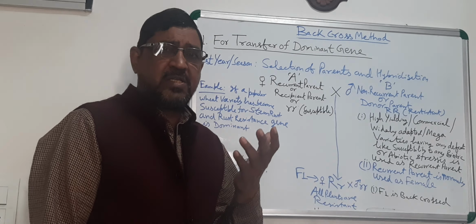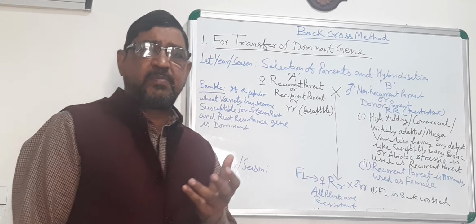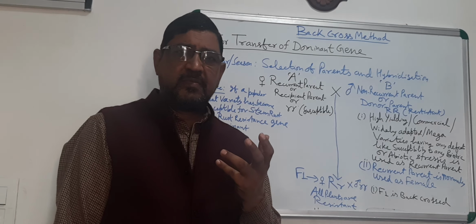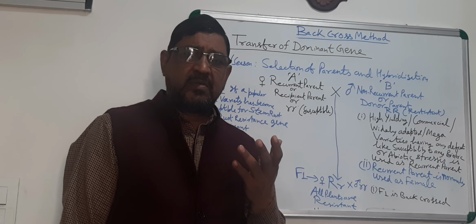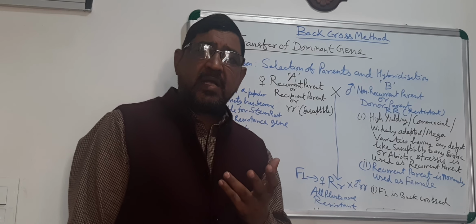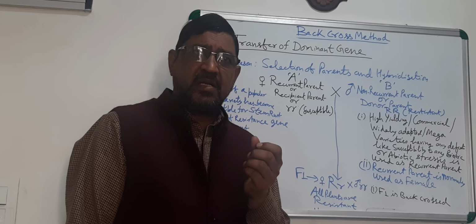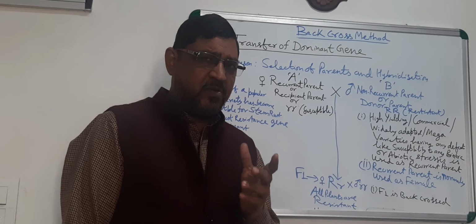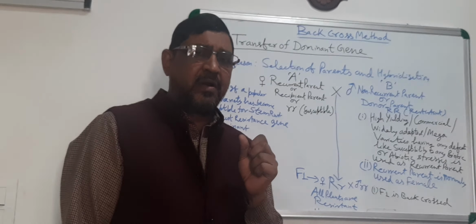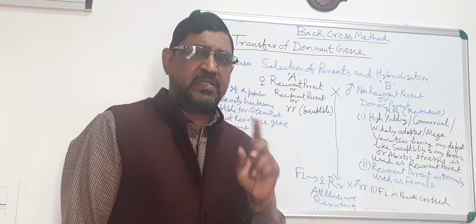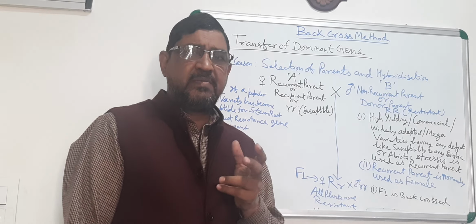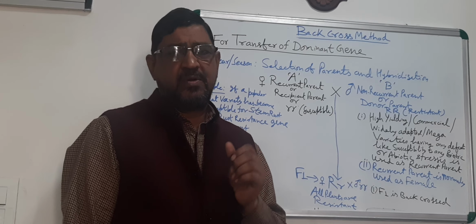So try to see what is the genetics of that particular disease, and if you find that the resistance for that disease is controlled by a single major gene which is dominant over the susceptible.